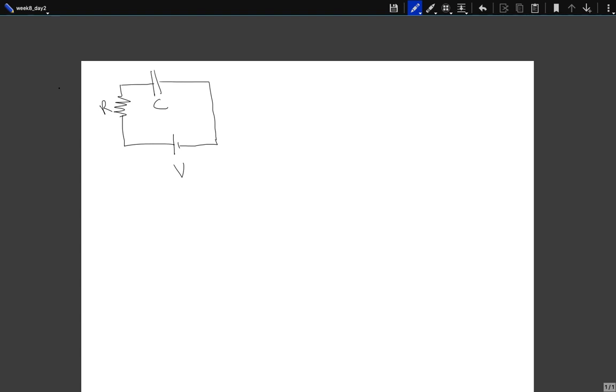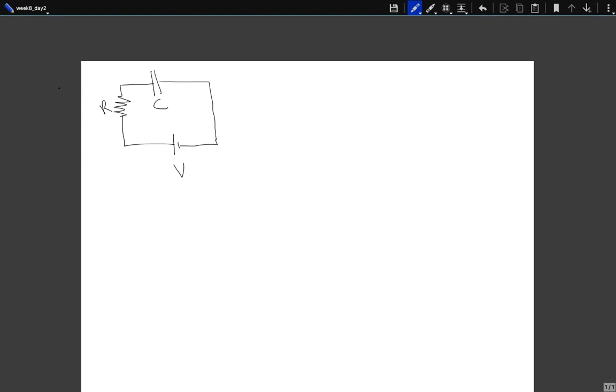Initially, at t equal to 0, what is the potential of the capacitor? What is the charge on the capacitor? 0. So the potential? 0. So the potential practically has no effect on the current.